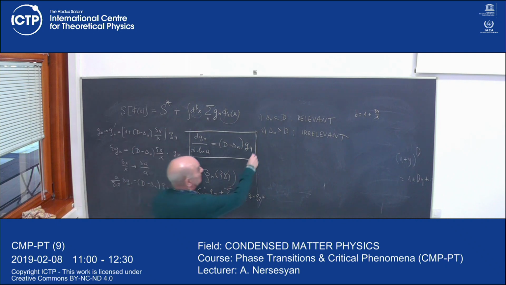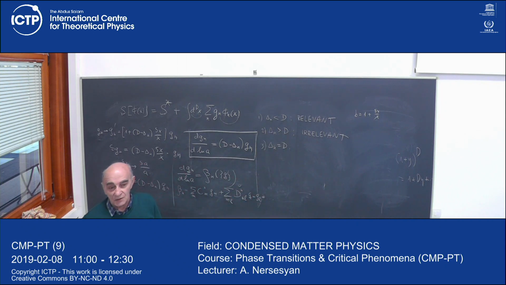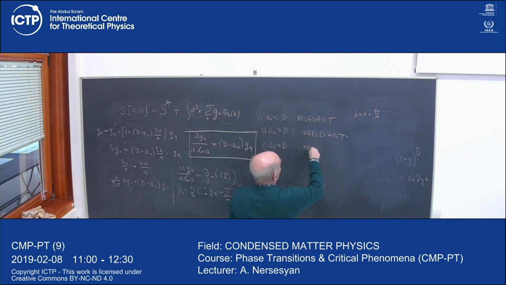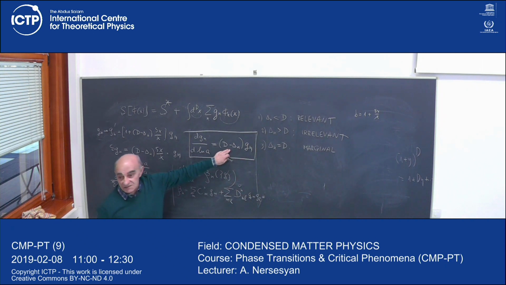There is a third possibility, when delta_n is equal to d, as you could already anticipate. This is what we call the marginal perturbation. For such perturbation, the right-hand side of this first order equation vanishes.